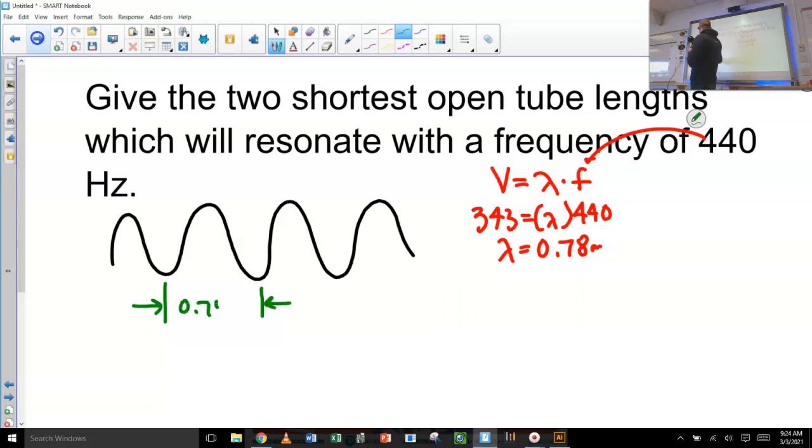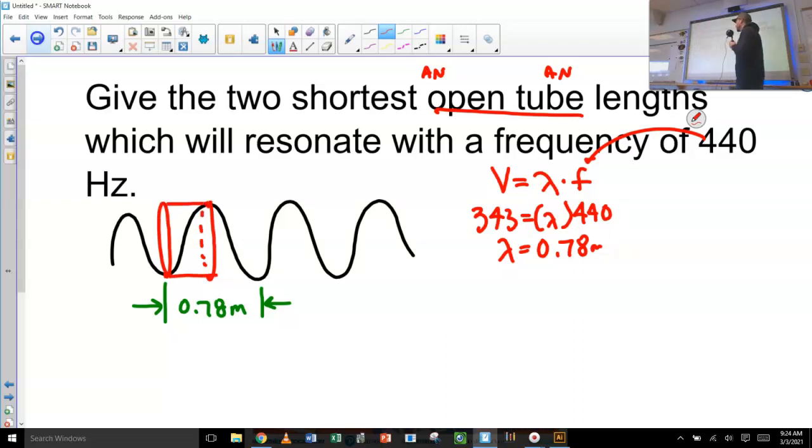is 0.78 meters. So when I have an open tube, remember, it has an antinode on each end. So here's an antinode, and here's an antinode. So here's the shortest open tube, which will work.